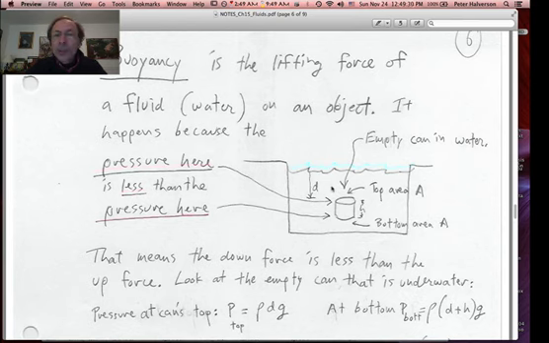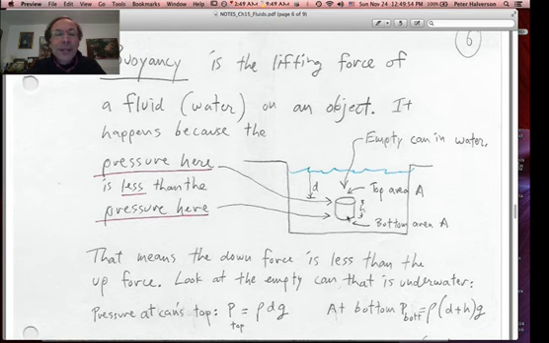I'm going to turn on my highlighter. That's my highlighter. The pressure at the top of the object, which is here, is a little bit higher than the pressure at the bottom of the object, which is right there.